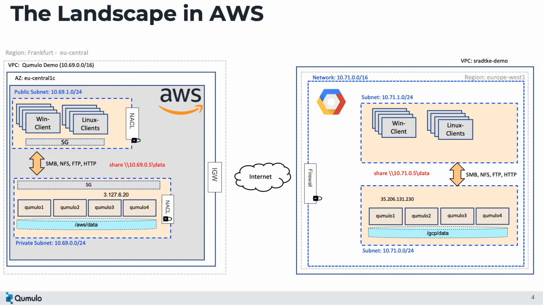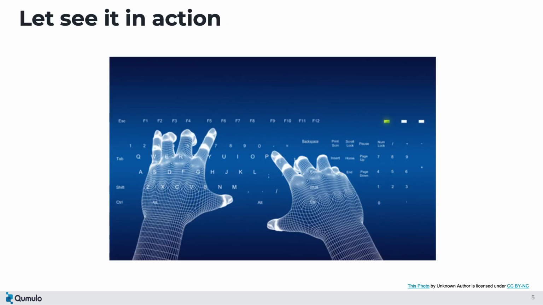Of course, we would configure our firewall rules accordingly. That means our NACLs in AWS and our firewall rules in Google. Finally, we will create the replication relationship and show how it works. So why don't we get started?